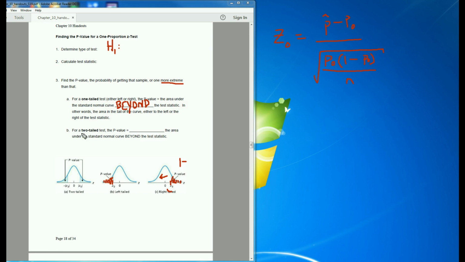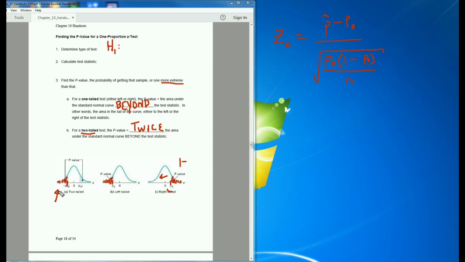Now, in the case where you have a two-tailed test, the p-value is equal to twice the area beyond the test statistic. So, if, say, your test statistic happened to be negative, so to the left of center, then you would just go to the table, you would look up the area to the left, all right?